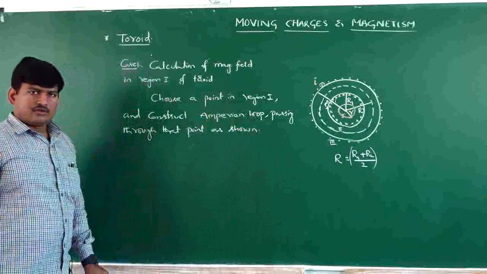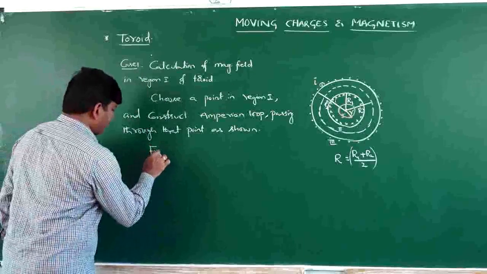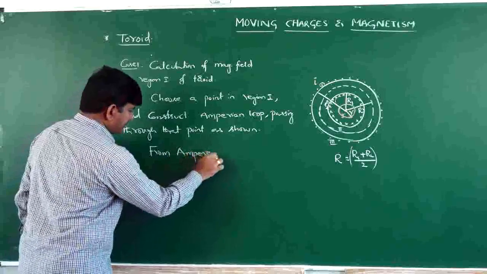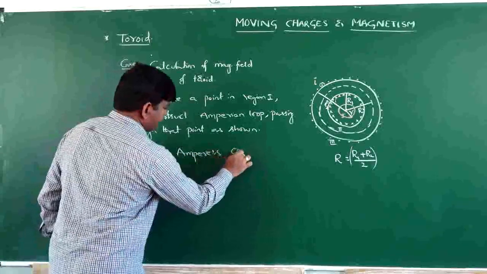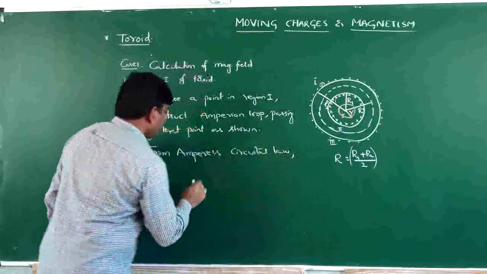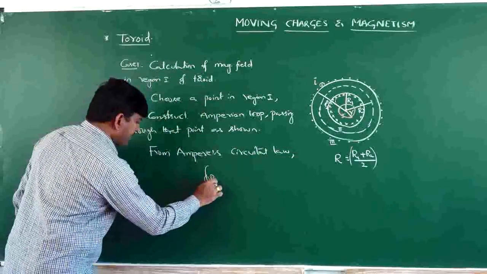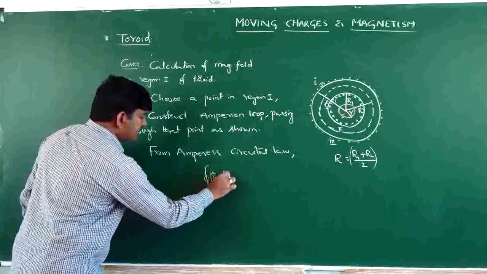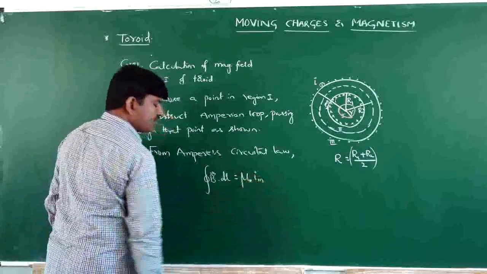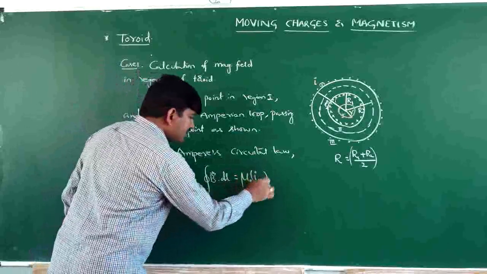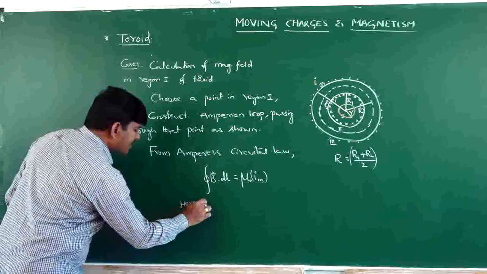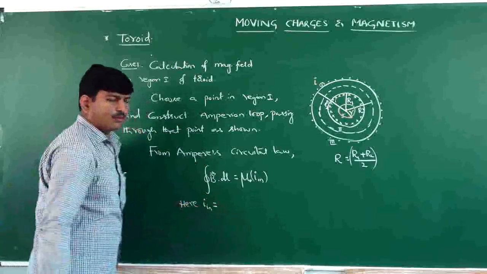Now, from Ampere's circuital law, what do we know? The closed line integral of magnetic field is equal to mu naught times the current inside the Amperian loop. So here, what is the current inside the Amperian loop? Here I inside is nothing but the current inside the Amperian loop.